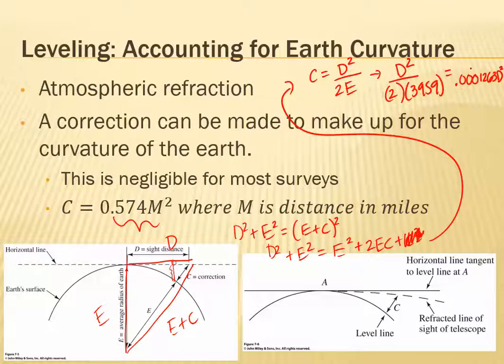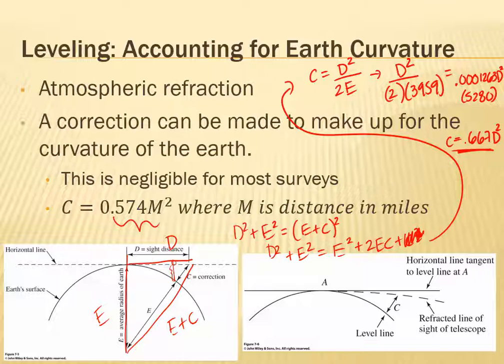And then if we want to convert this to feet, we can multiply that times 5280. So we end up with C is equal to 0.667 d squared. And that is only to account for the curvature.